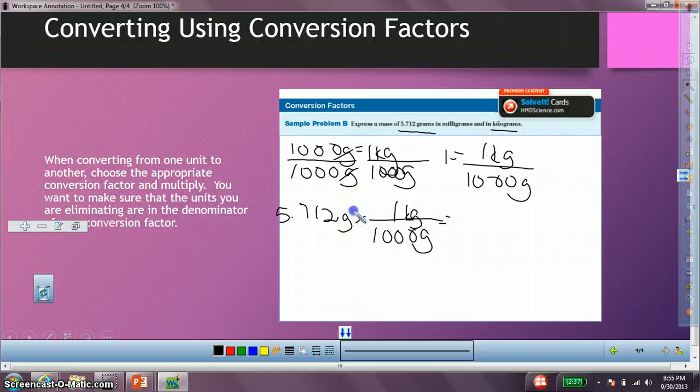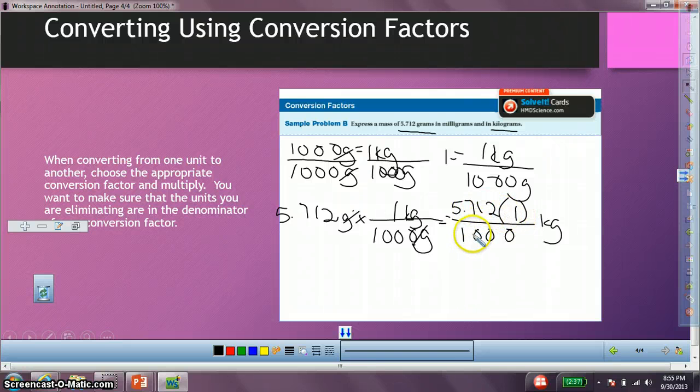Here we have grams in the numerator and grams in the denominator, so those will cancel. And we're left with 5.712 times 1 all over 1,000 kilograms. When we do our computation, 5.712 times 1 is 5.712.